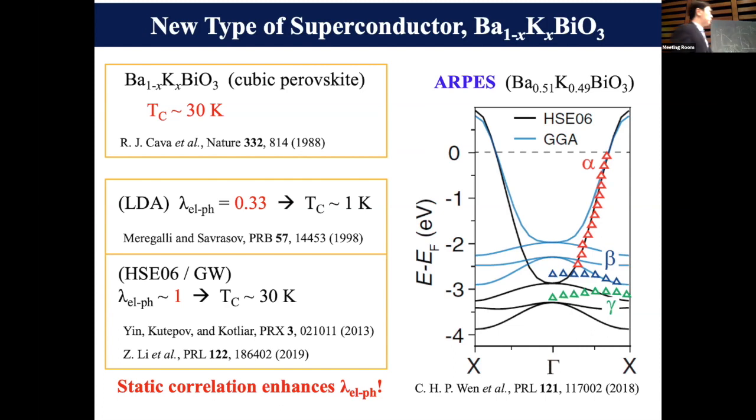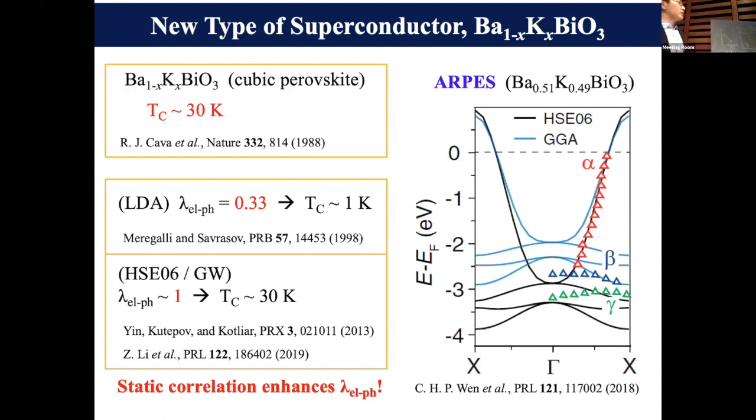So two different groups estimated the lambda within the HSE hybrid functional or GW method and found that the lambda is nearly 1. So it can explain the observed transition temperature. It means that the static, non-local correlation enhances the lambda by a factor of 3.